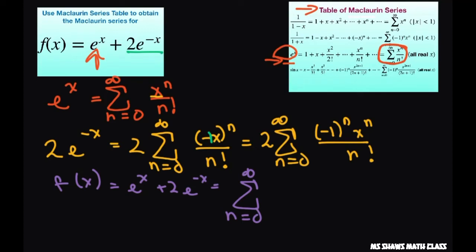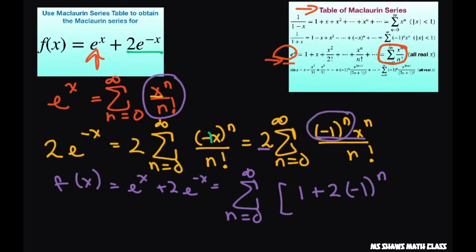And now if I put all this together, we're going to get 1 for this one plus 2 times negative 1 to the power of n. This is what I'm doing right there. Divided by n factorial. Both of these have n factorials in them.